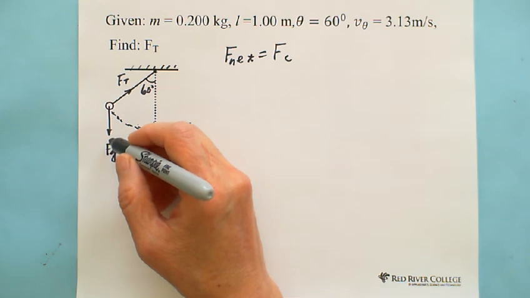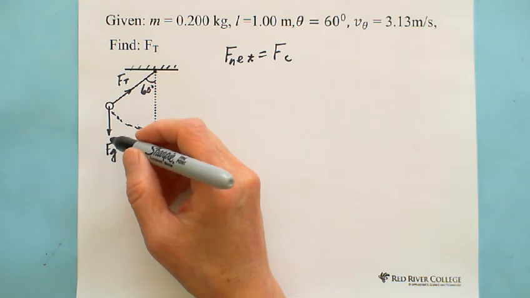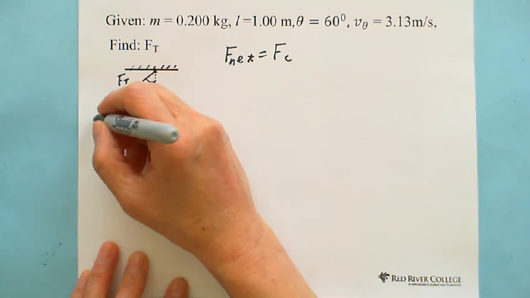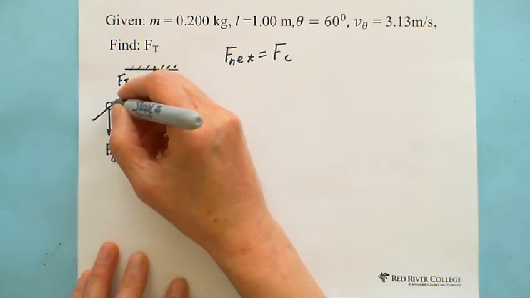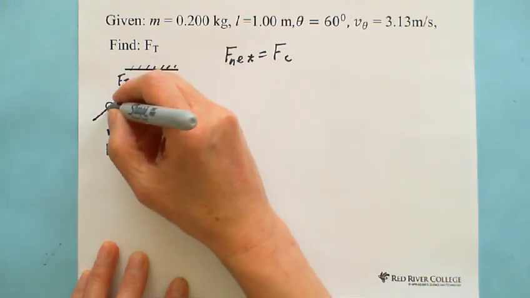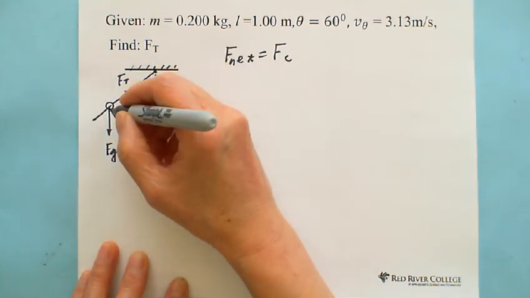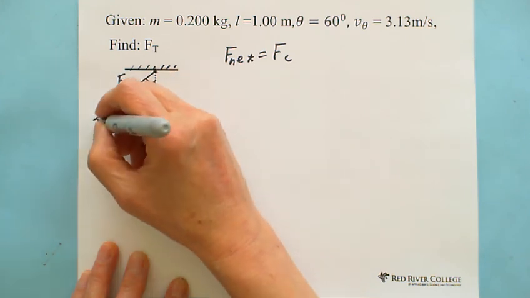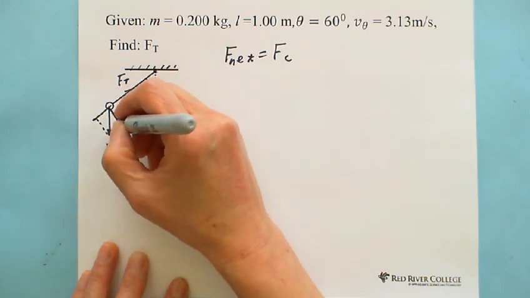That's why we need to get the components of Fg. One is in the direction of the radius, the other is tangent to the curve. So this gives us two components.